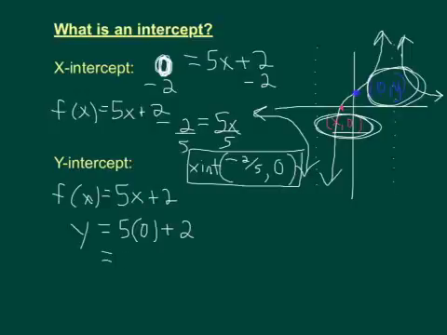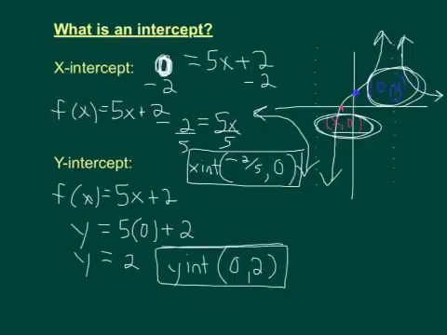And the answer is 2. But again, I'm not going to write y equals 2. That might even be misconstrued as a horizontal line. The y-intercept is a location on the y-axis. We'll label it as a point, 0, 2. Notice once again the input is 0, and the output is that value. You should only have one y-intercept for any function.